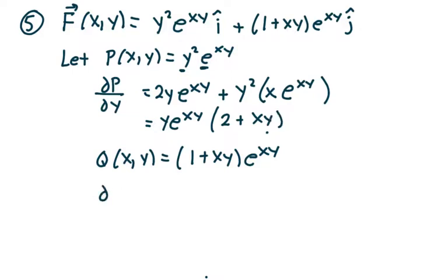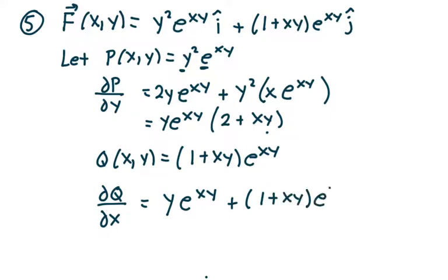Now, if I take the partial of q with respect to x, I'm going to take the derivative of the first function with respect to x, which is y, times e to the xy, plus 1 plus xy times e to the xy. So derivative of the first times the second plus the first times the derivative. Oh, and then by the chain rule, I'm going to multiply by y.